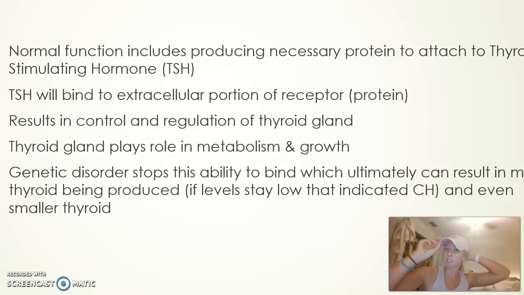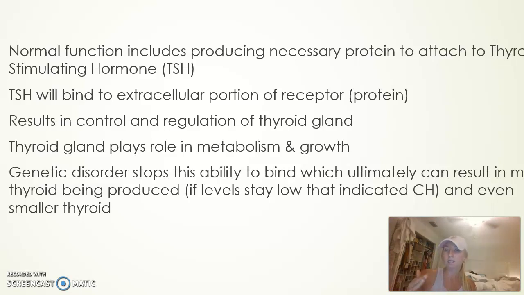So as you can imagine, if this binding doesn't happen, which is what happens in this genetic disorder, the TSHR protein is unable to bind to TSH, which essentially stops the sufficient amount of thyroid hormone from being produced. These low levels will prompt a spike in how much thyroid hormone is produced, and if this spike takes, then your body is just compensating for it.